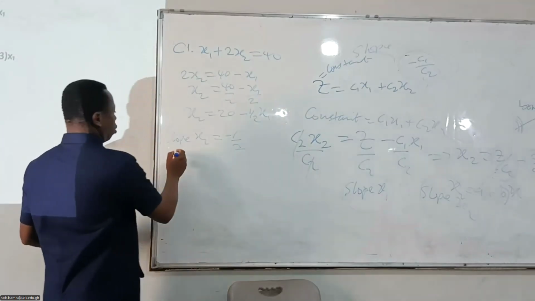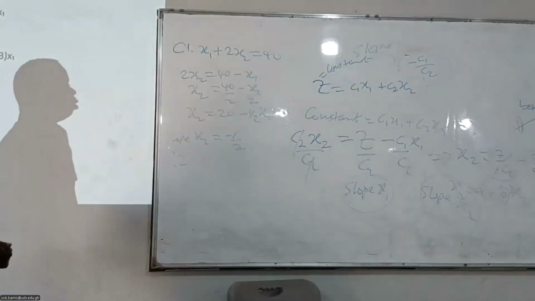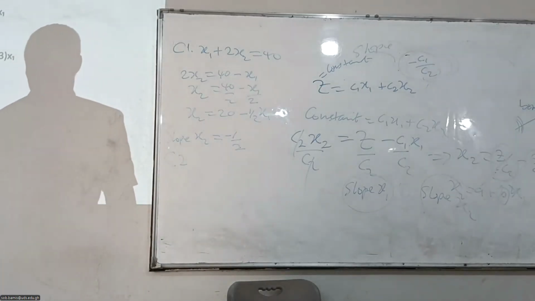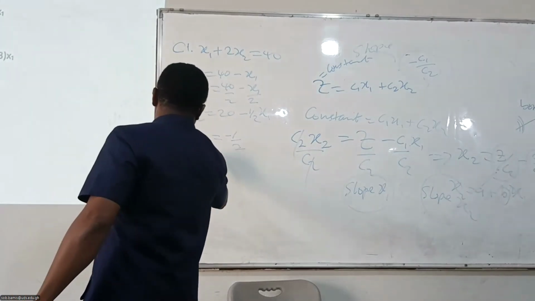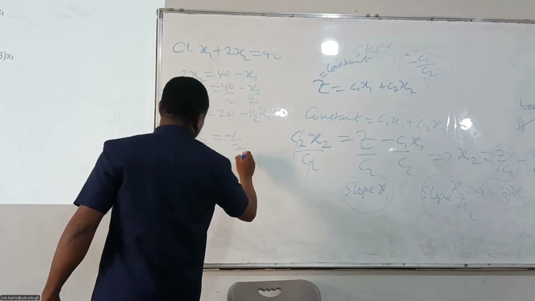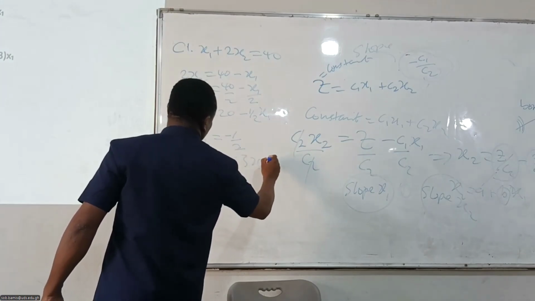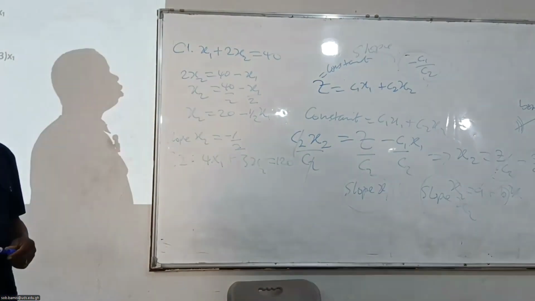So let's look for the second constraint, the clay constraint. We said the equation is 4X1 plus 3 X2 equals 120.